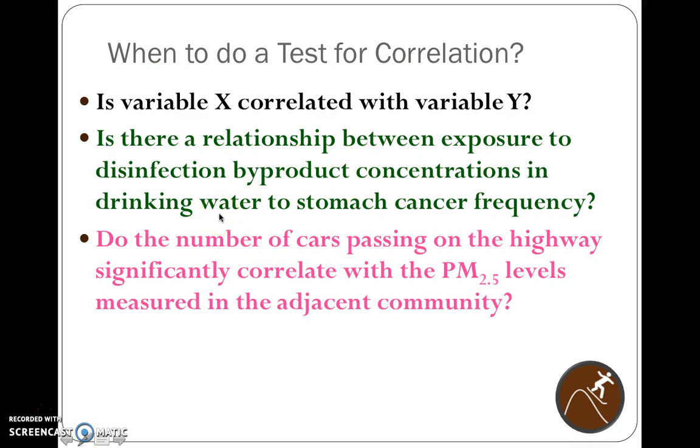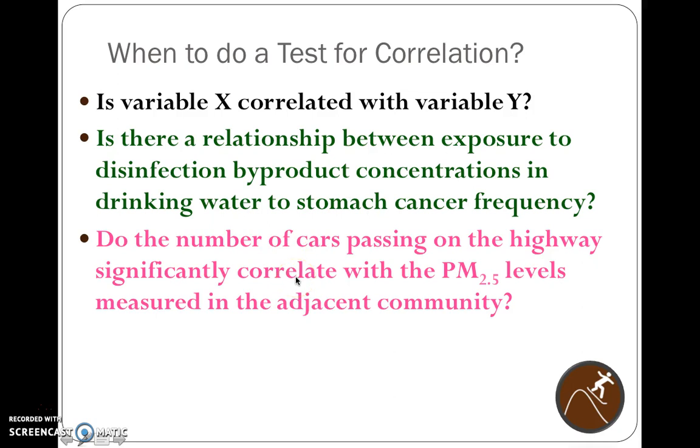You know, the chemical reaction of chlorine causes cancer-causing compounds. We know some water plants in the United States are more frequent to violate that. And you may also know the stomach cancer frequency for that county over the last 20 years might be 1 in 100,000, 5 in 100,000. You can compare number of violations with stomach cancer frequency and see, is there a correlation?